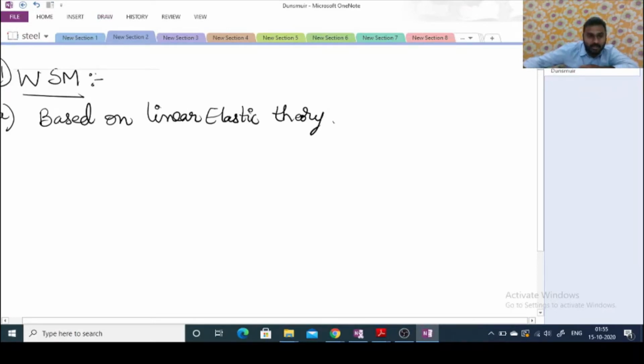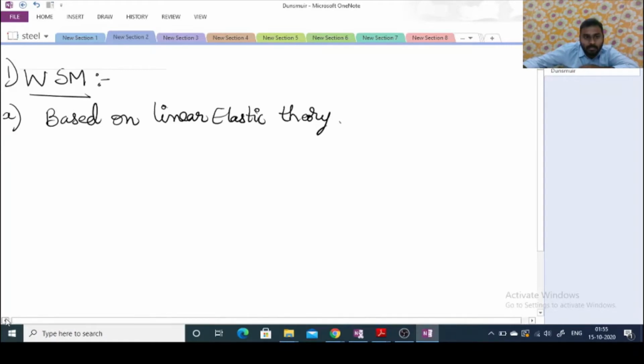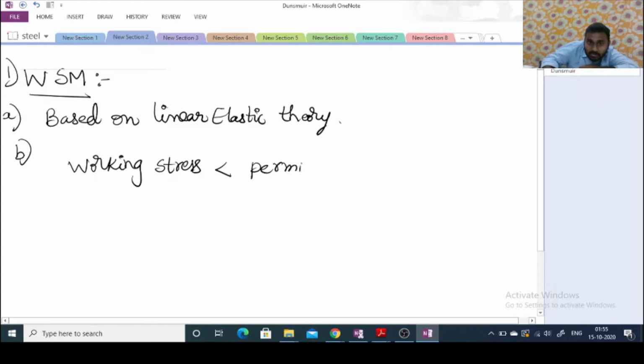The design criteria for this method is that working stress should be less than permissible stress. Okay, so this is the design criteria for this method.